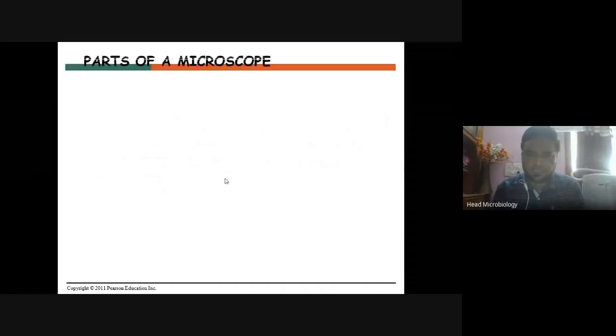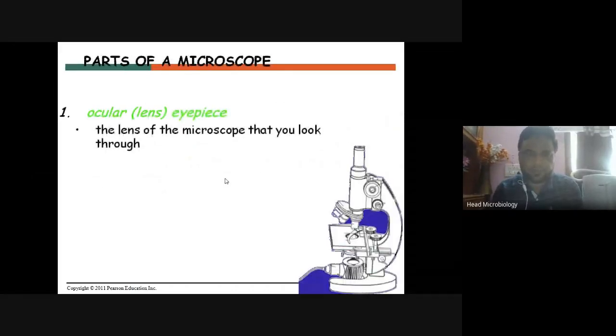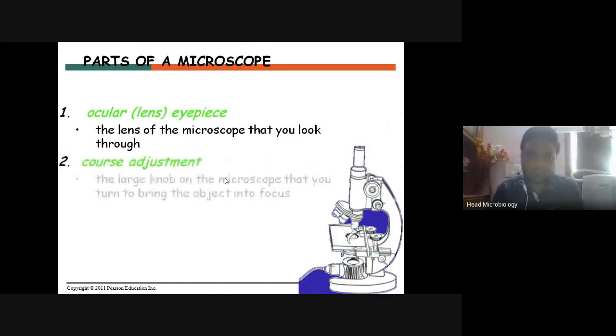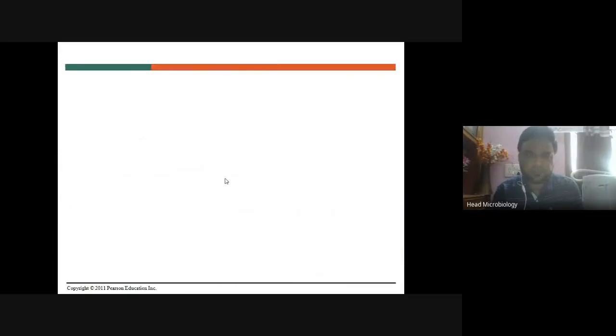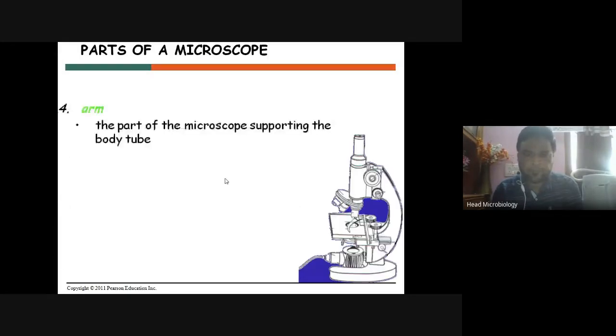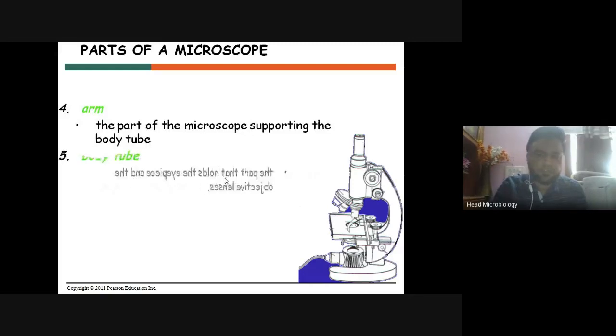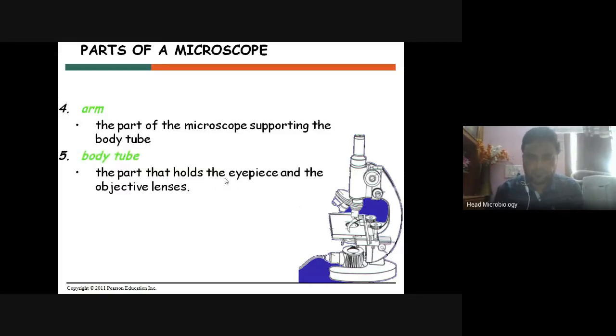This I have already explained, but for your review, just have a look. This is our ocular lens. This is the coarse adjustment. This is the fine adjustment. This is your arm, which you are supposed to hold with the right hand.